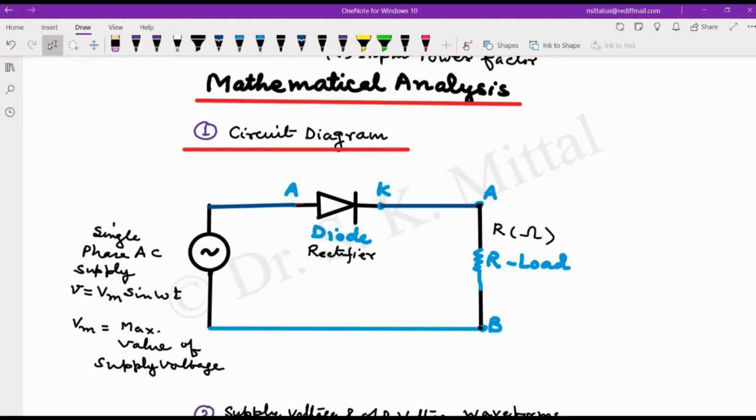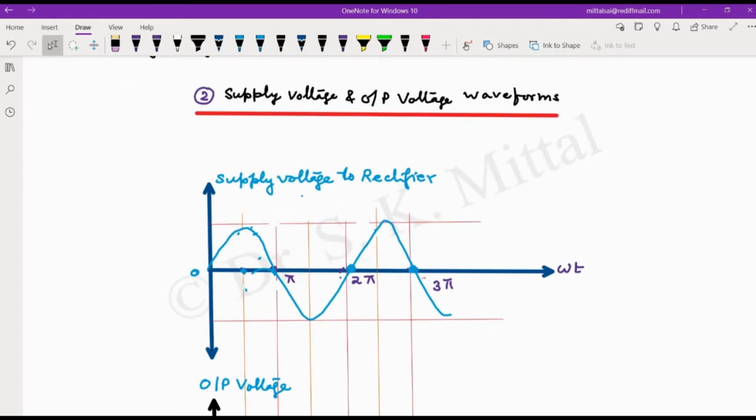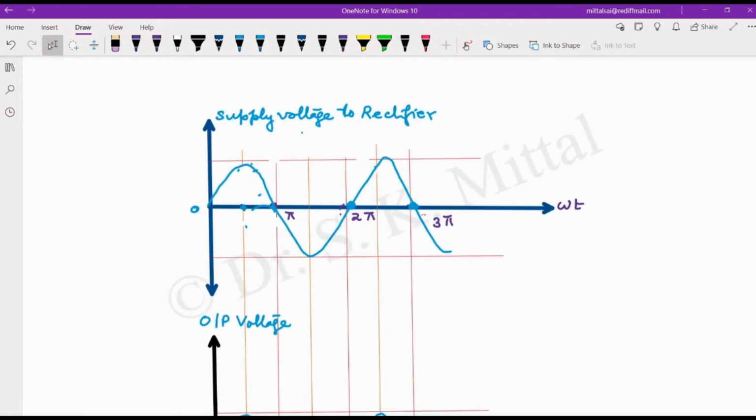Now, if we apply this single phase AC supply voltage at the input of this diode rectifier or half-wave rectifier, then what is the output? Please see. This is the supply voltage to the rectifier. I have given the mathematical representation v is equal to Vm sin omega t.